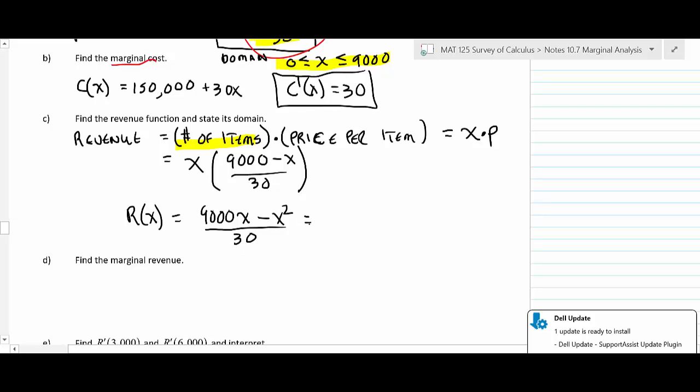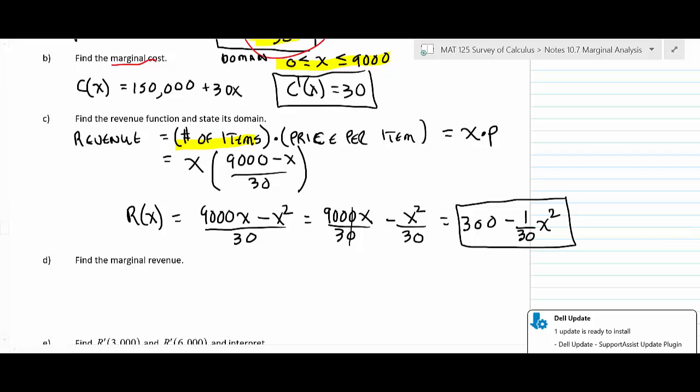So I'm going to do 9,000x over 30 minus x squared over 30, and then write it this way. If you do 9,000 divided by 30, that is 300, minus 1/30 x squared. So that will be my revenue function. It's a good idea generally to just take it down to that level.